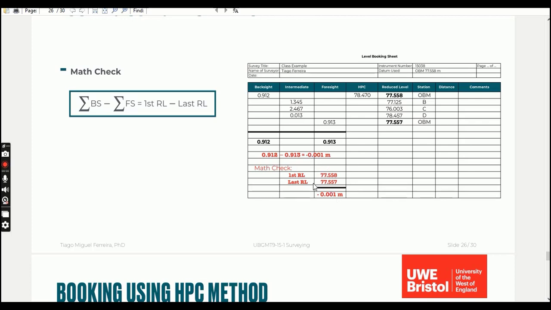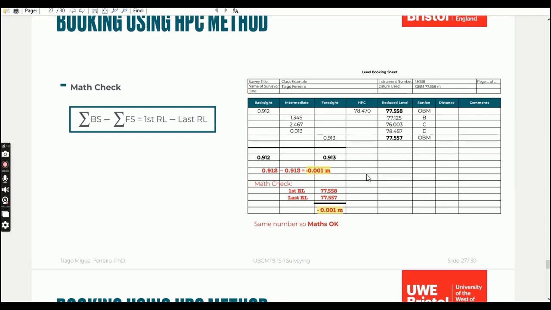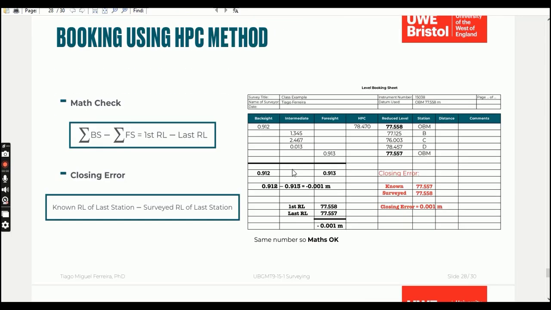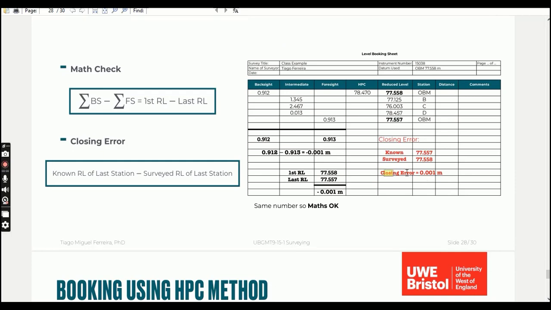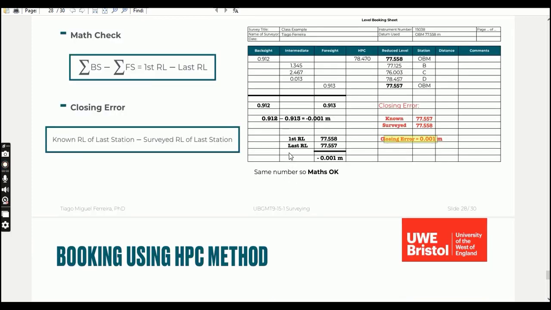If they are the same, then your math is checked fine. But if you want to get the error in your leveling process, you subtract the first RL from the last RL. You will find 0.001 in this scenario, so it is your leveling error. You can see here we have a closing error of 0.001, but our math is okay.